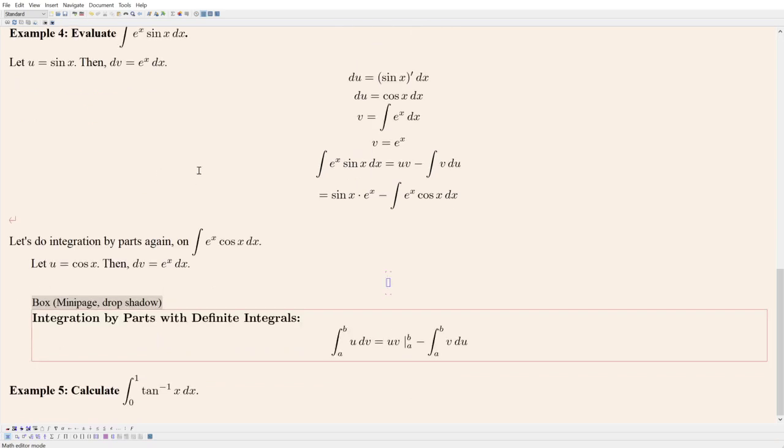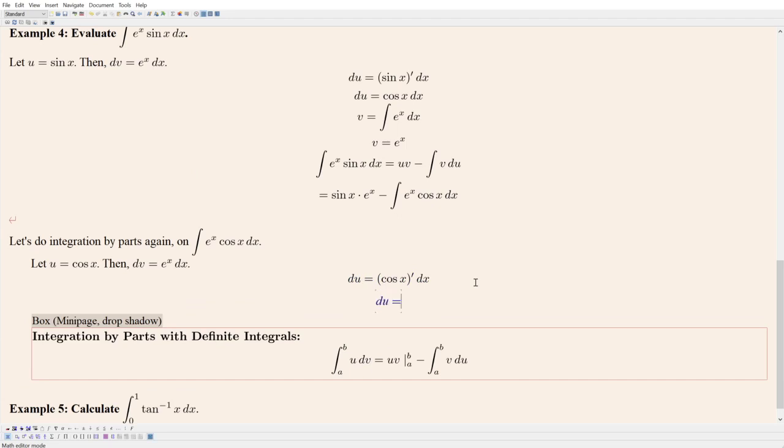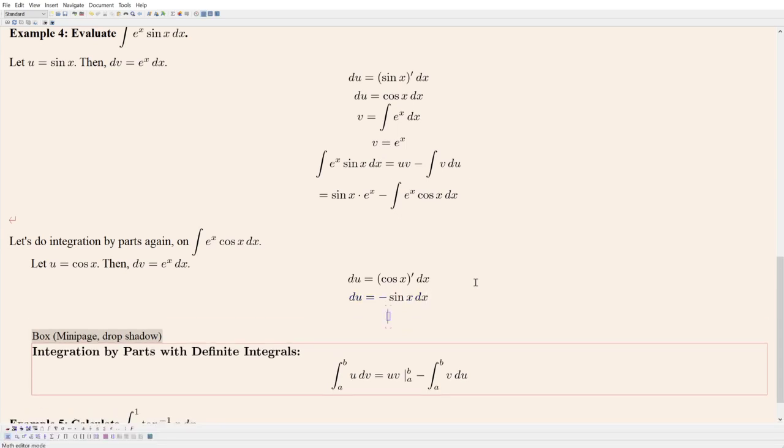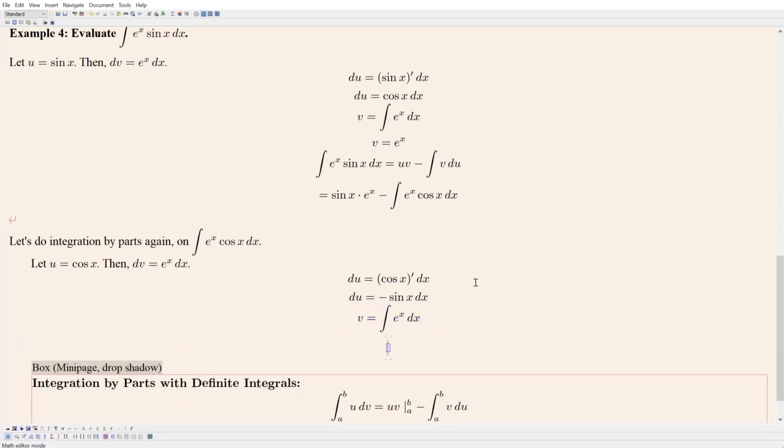And now let's fill in the ingredients. du, that is the derivative of cosine dx. The derivative of cosine is minus sine. v is the antiderivative of dv, so that's the antiderivative of e to the x, which is just e to the x again.